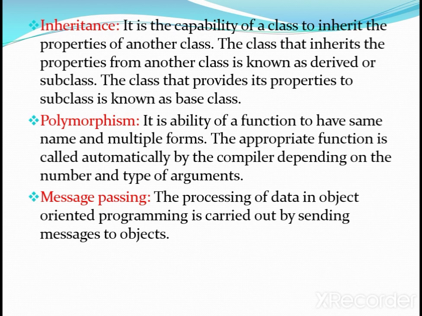It is the ability of a function to have the same name and multiple forms. Message passing. The processing of data in object-oriented programming is carried out by sending messages to objects. Thank you.